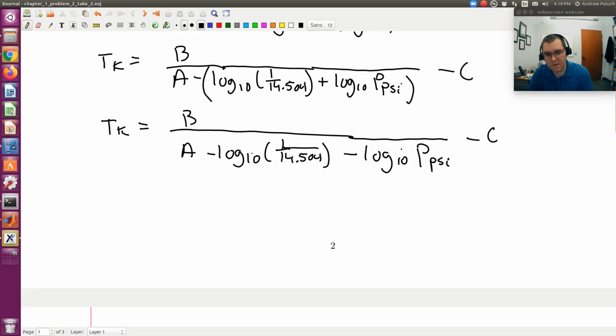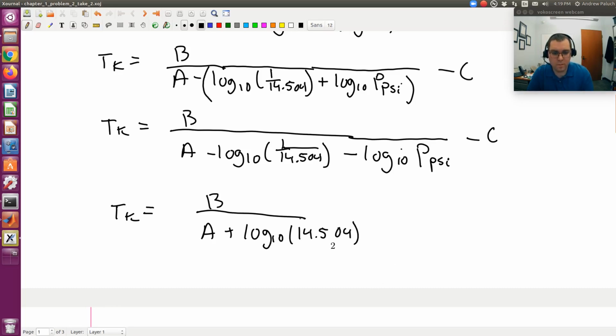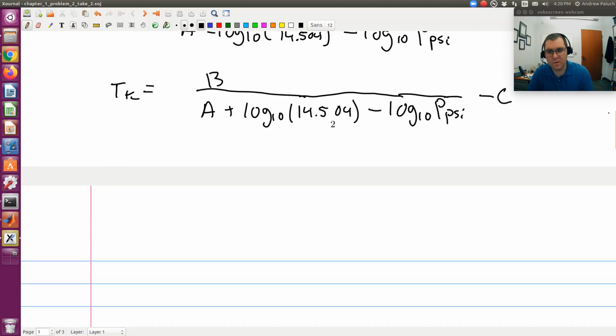And then the last thing I'm going to do: this is 1 over 14.504. So if I take the inverse, bring up a negative 1 here, bring it down, playing again with log rules, that gives me B over A plus log base 10 of 14.504 minus log base 10 of my pressure in PSI, minus C. So in step 1, I'm going to define, we'll call it A2.